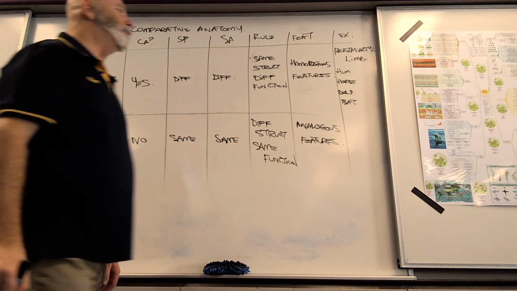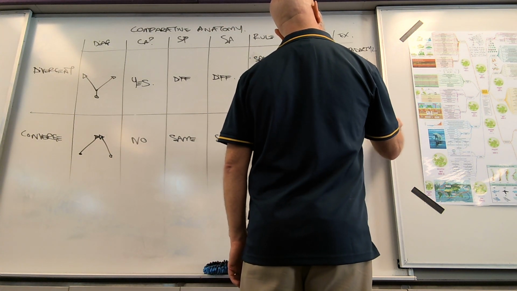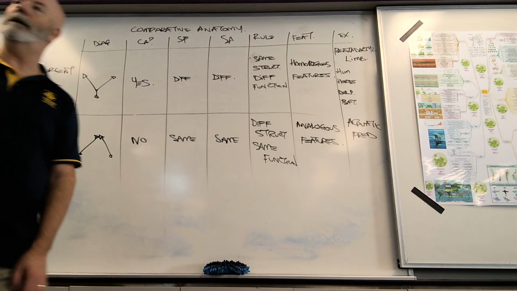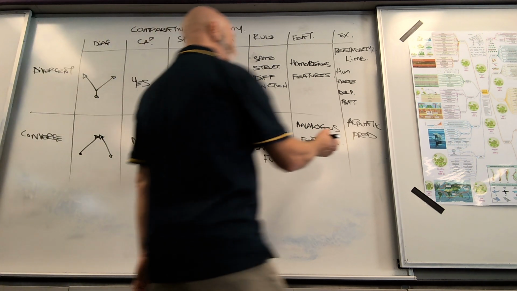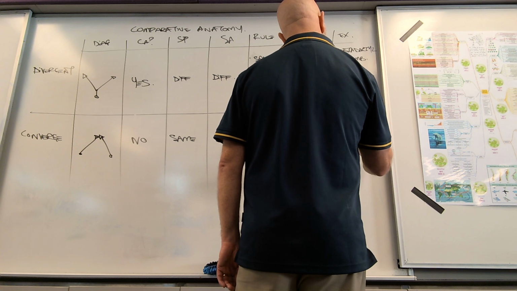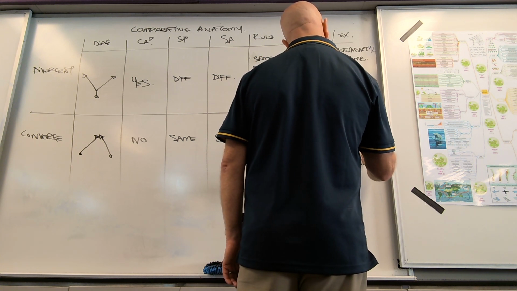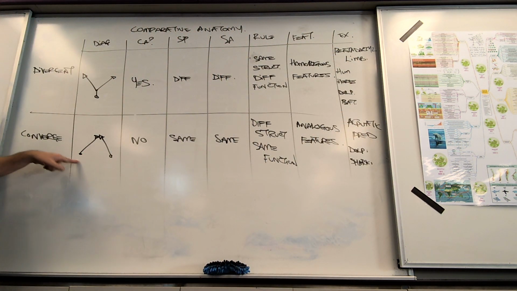And the famous example here is an aquatic predator. So, a dolphin is a mammal, and a shark is a fish. They are not related, but they both have the same niche, which is aquatic predator.